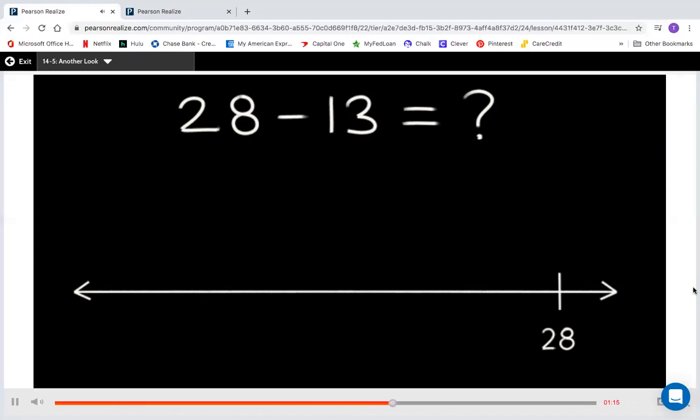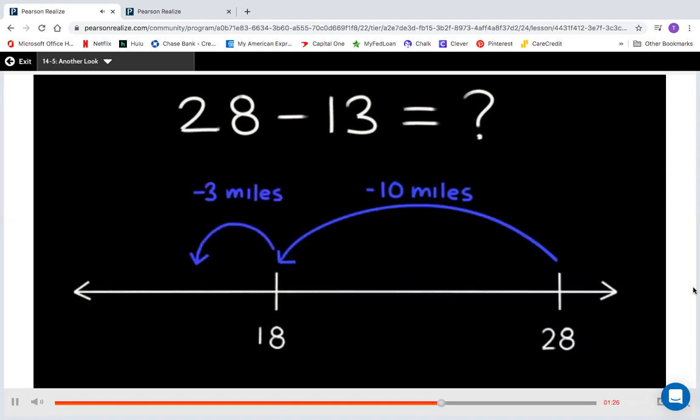Let's start by just subtracting 10. 28 minus 10 equals 18. Easy. Okay, I need to subtract 3 more, so I will hop back 3 more. 18 minus 3 gets me to 15. So 28 minus 13 equals 15. My friend is 15 miles from his home and his money.